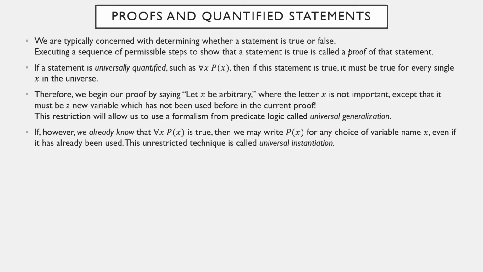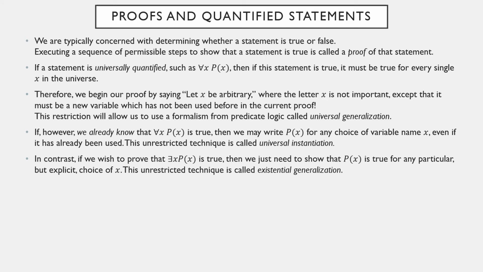That's called universal instantiation. In contrast, if you just want to show that there exists an x for which p of x, then it's actually okay to use a very specific choice. If you can show that the statement p of x is true for one specific choice of variable, then you can use a technique called existential generalization to say, well then yes, there does exist something for which the statement is true.